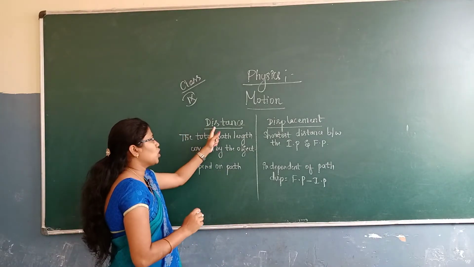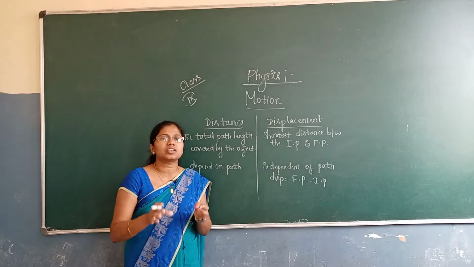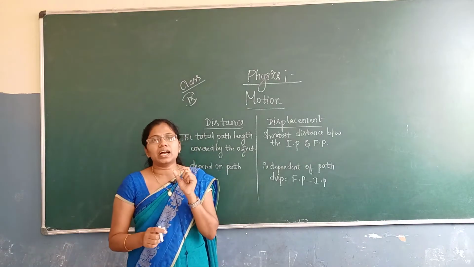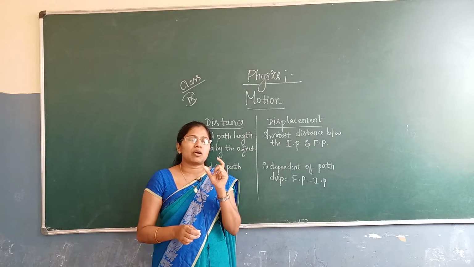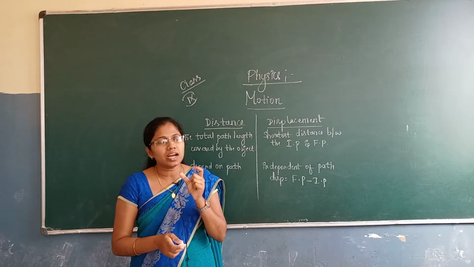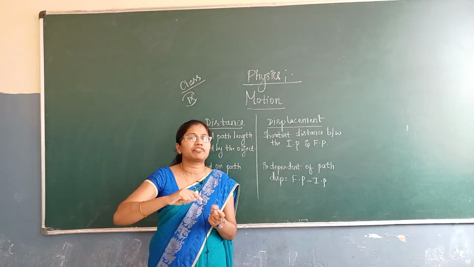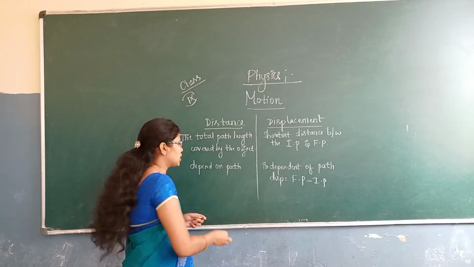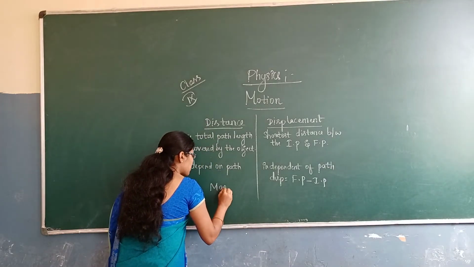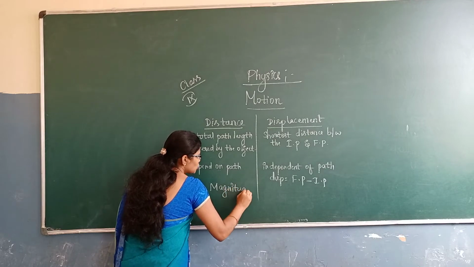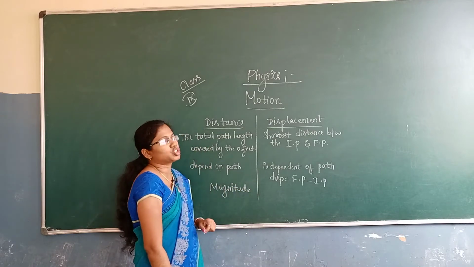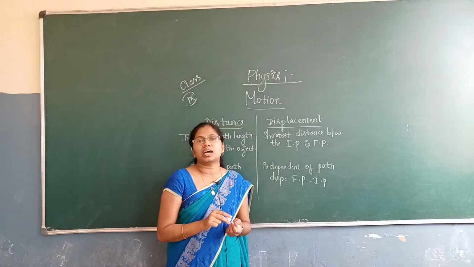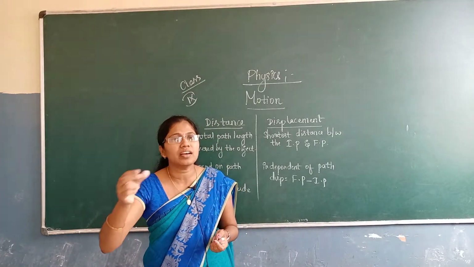The next important point regarding distance is that in distance we consider only the numerical value. A physical quantity having only a numerical value is called magnitude. Displacement depends on both the numerical value and the direction.